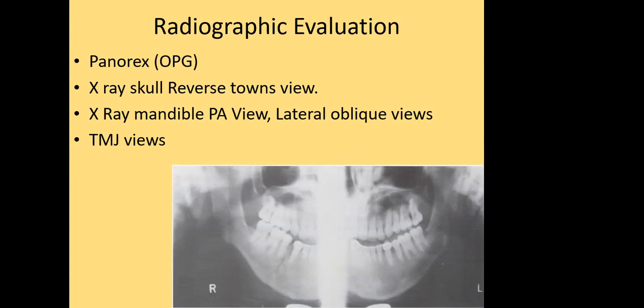As you can see, what it can do, it gives a complete map of all the teeth, the maxillary from molar to molar. Mandible, you can see that this guy doesn't have the what?